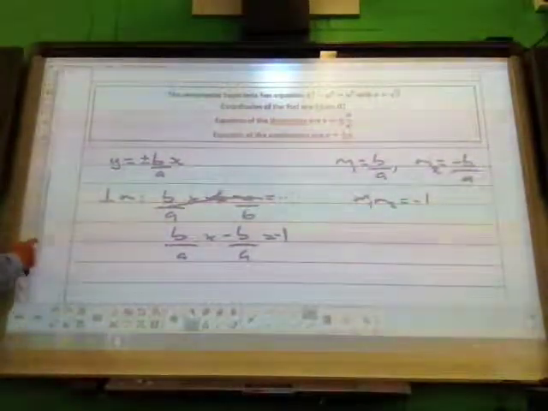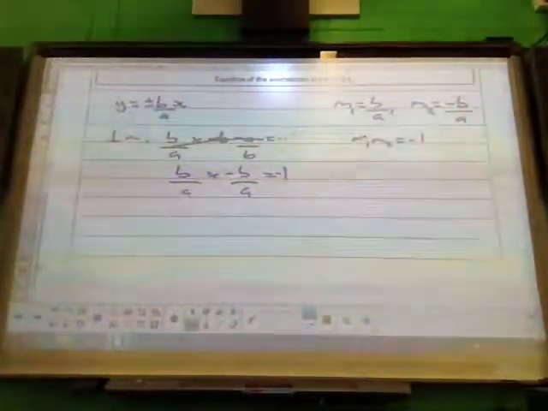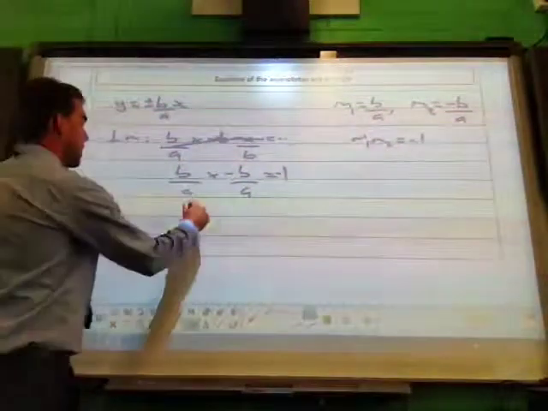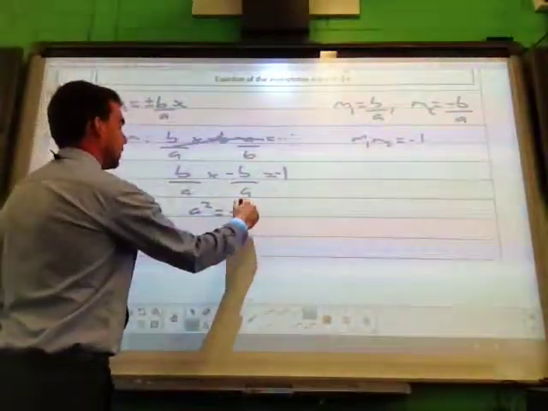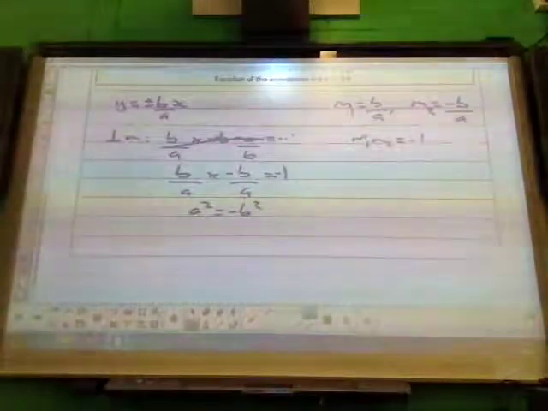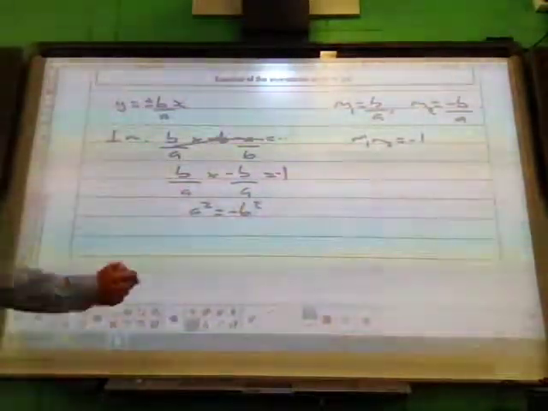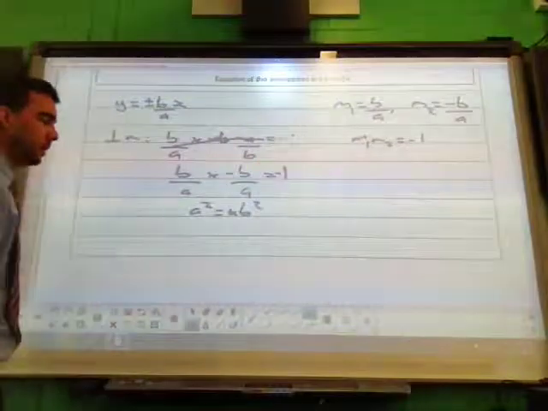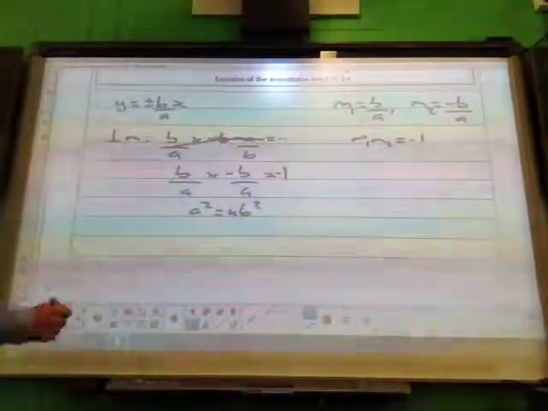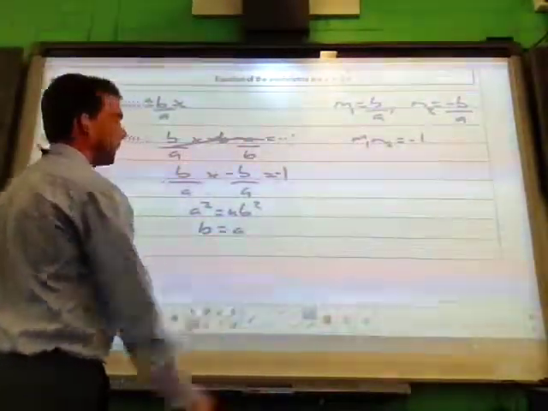Alright, let's continue and see if we can get our question answered. So a squared is equal to negative b squared. Oh, sorry, b squared, because we've got two negatives there. A squared equals b squared, so therefore b must equal a.